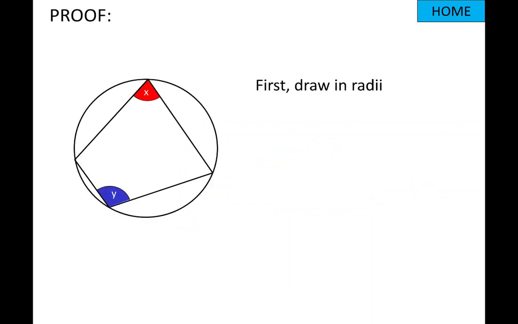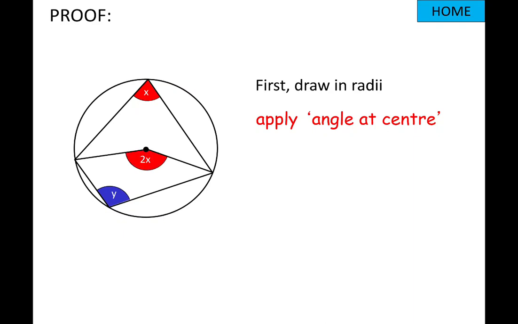Let us prove that. First, we draw radii from this part to this part. Apply the angle at the center is double the angle at the circumference. This angle is double this angle, right? 2x and this x. This angle is double this angle.